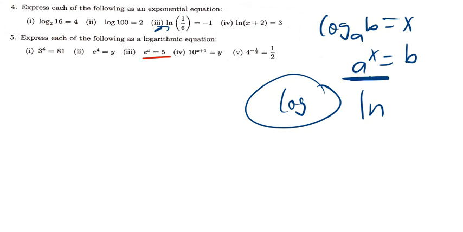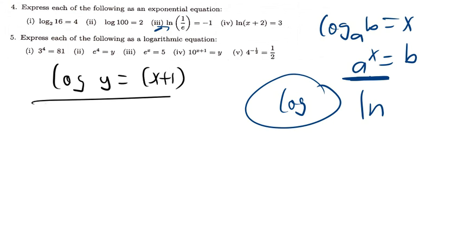Now, the second one is going to be log, the base is 10, so you don't have to show base 10. Y is equal to x plus 1, like that. That's the answer. Log is always in base 10, so it's just log y is equal to x plus 1.